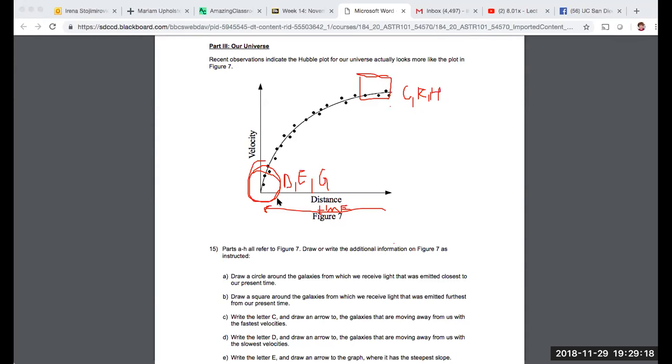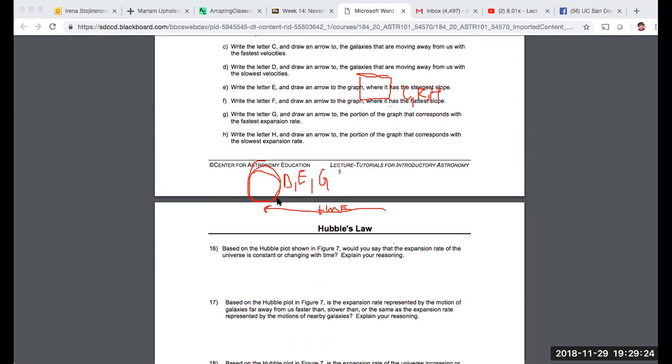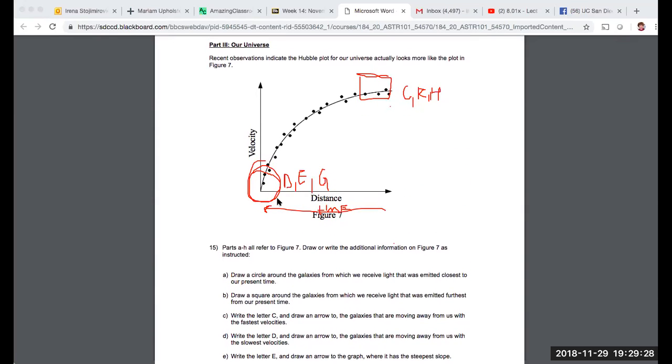It's faster than us. Once what the expansion rate represented by galaxies farther away from us. Don't confuse the velocity of the galaxy with the expansion rate. That's what I keep on doing. So it's slower than us.